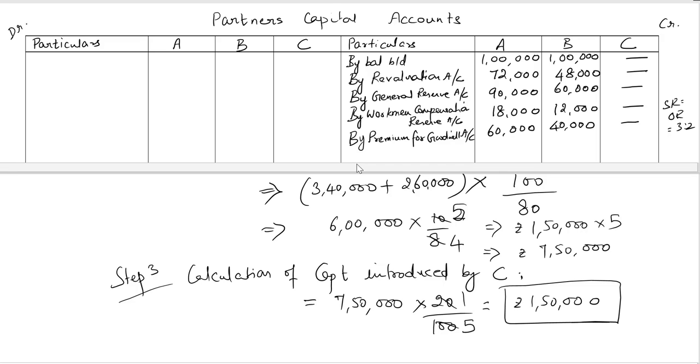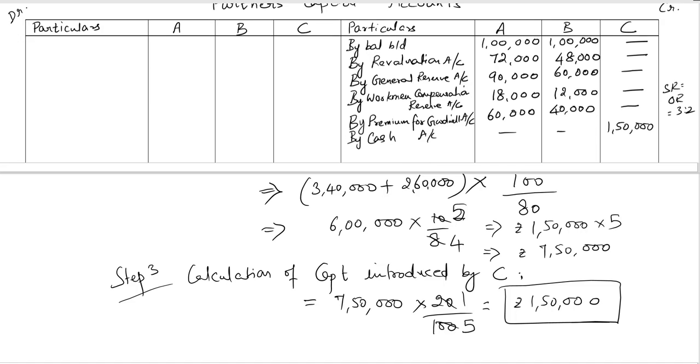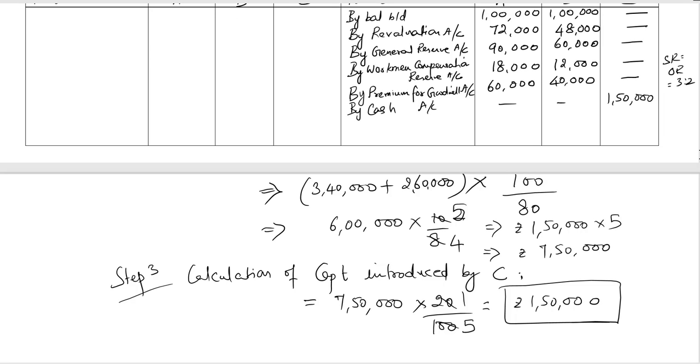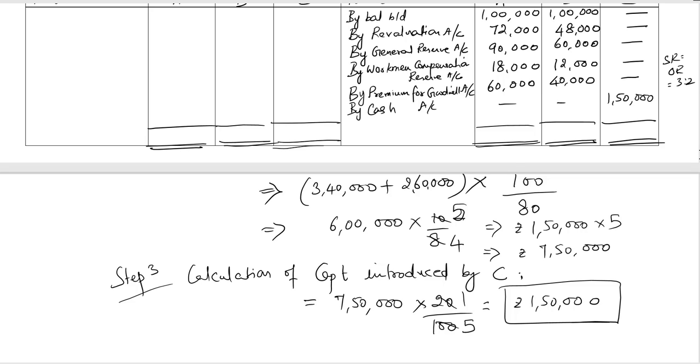So we have by cash account the capital which is brought in by partner C, 1,50,000 rupees. So let's balance the partner's capital accounts. Greater total in the case of A partner is 3,40,000.